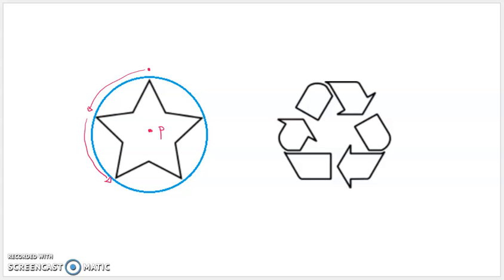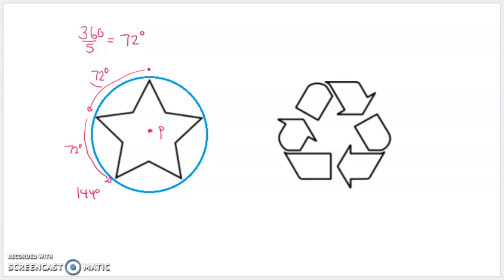Well, there are 5 points to this star, assuming it's a perfectly symmetric star. There's 360 degrees in the circle, divided by 5, and that's going to be 72 degrees. So the first rotation is a 72-degree rotation about the center P. I would rotate it another 72 degrees, so this would be in total 144 degrees rotational symmetry.